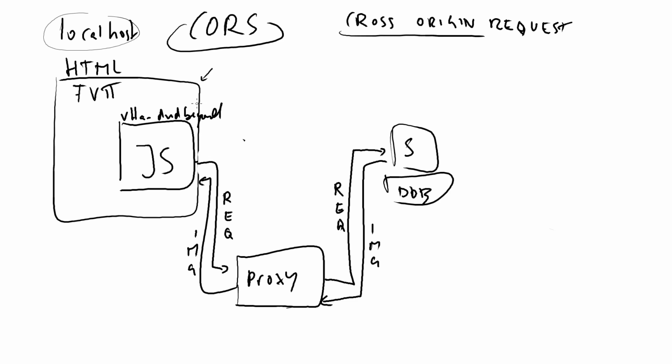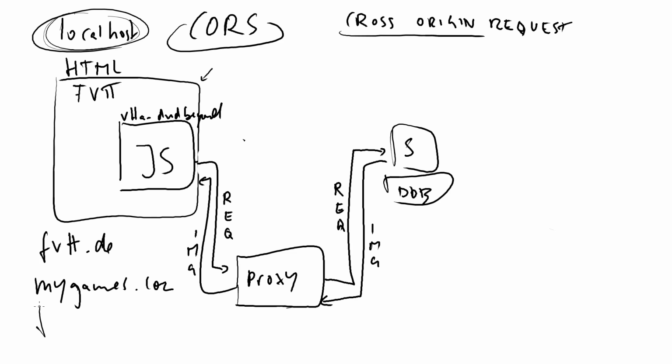Because I don't know where this request is coming from. It could be localhost. It could be you have your own domain, for example, like this, or my games, or the Forge. So these could be basically anything.